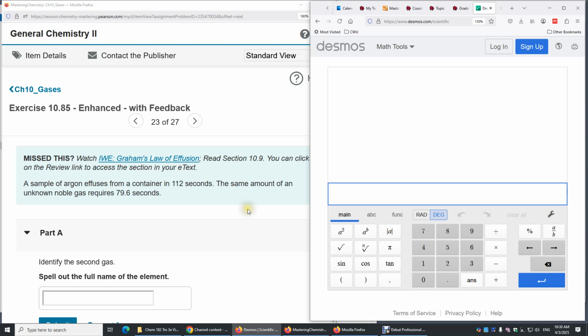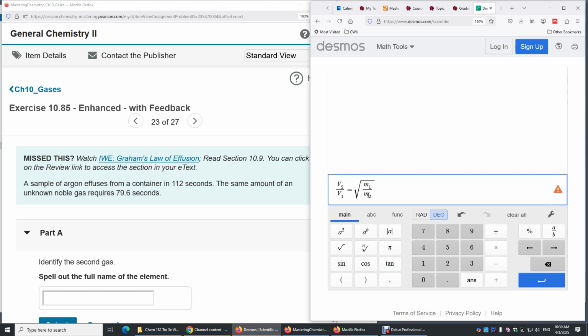Alright, so V2 divided by V1 is going to be the square root. So this is the equation. And again, the speed is going to be inversely proportional to the square root of the mass, so we'll have m1 on top divided by m2.